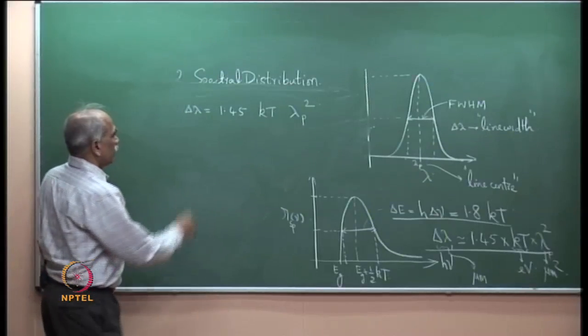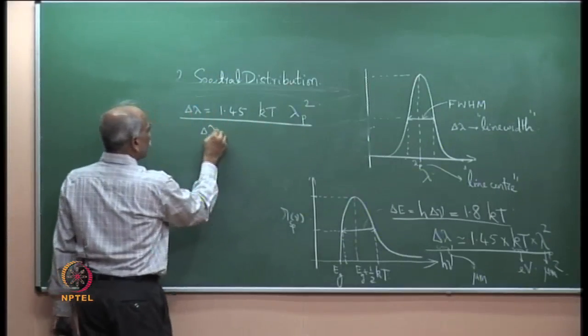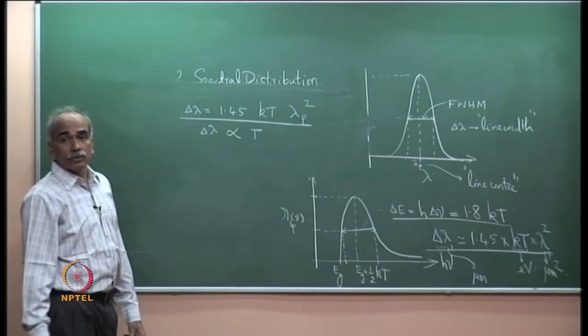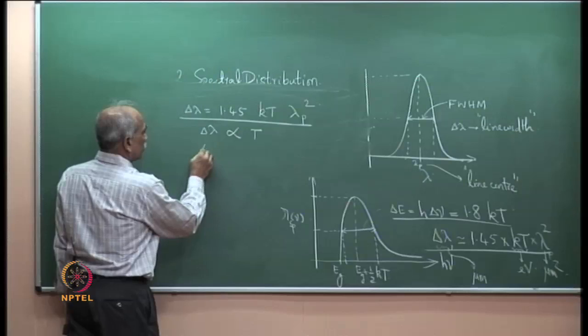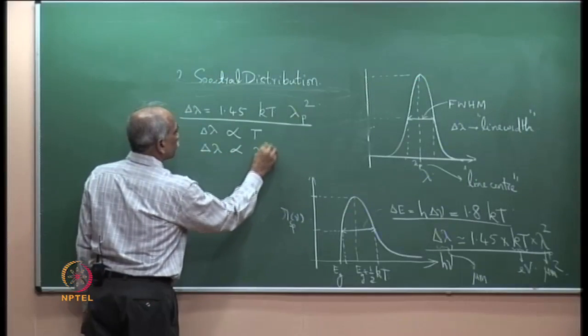Two things you note here. Delta lambda here is proportional to T. The line width is proportional to temperature. Second, delta lambda is proportional to lambda p square.